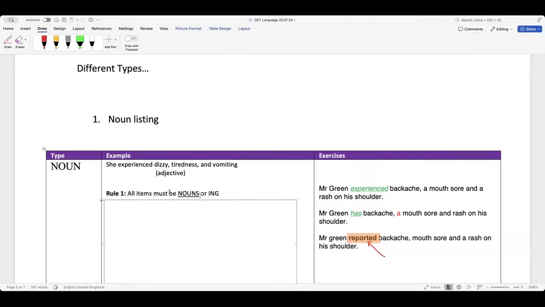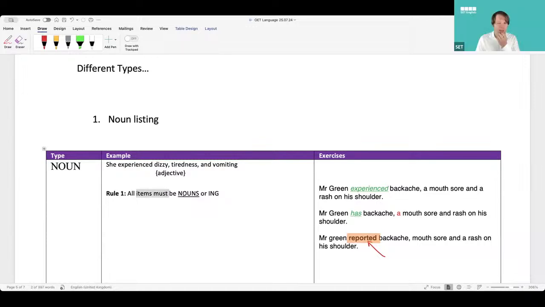Yes. Rule 1, all items must be nouns or ing forms. If I say dizzy, it sounds really bad, because this is noun listing and we must always use nouns. Or an ing form can be a noun. All right. Now, Ada, can you explain rule 2?